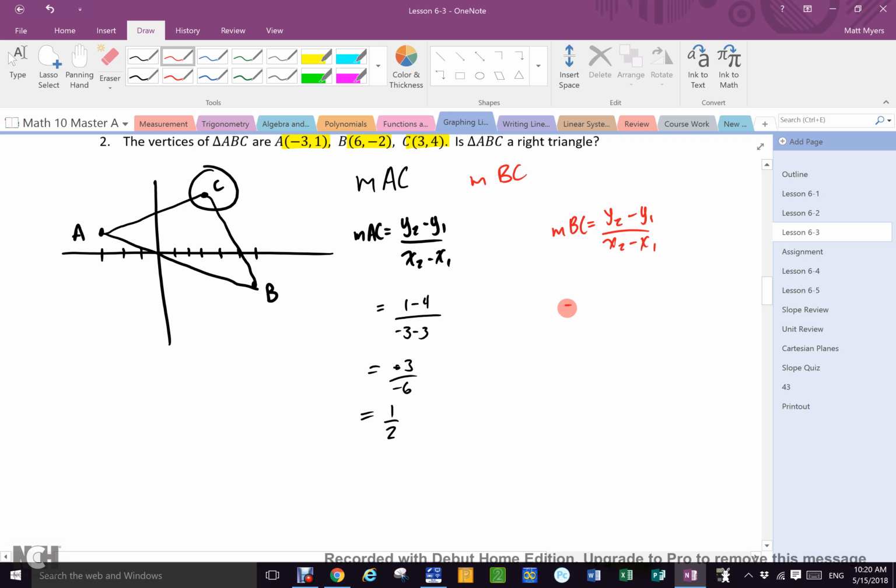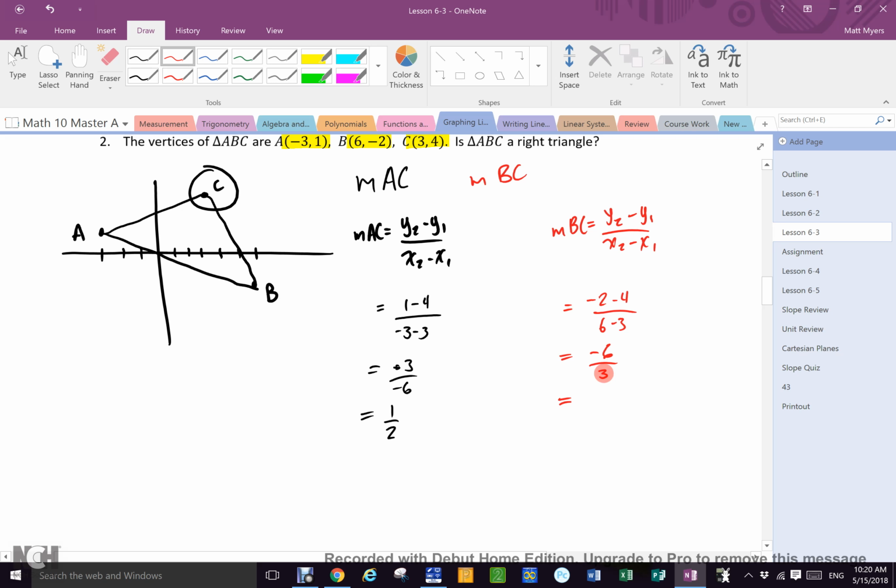Over here, what goes in here? Negative 2 minus 4 over 6 minus 3. What is negative 2 minus 4? Negative 6. What is 6 minus 3? 3.